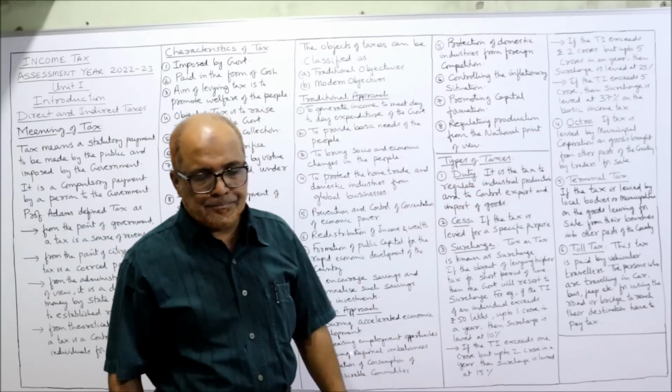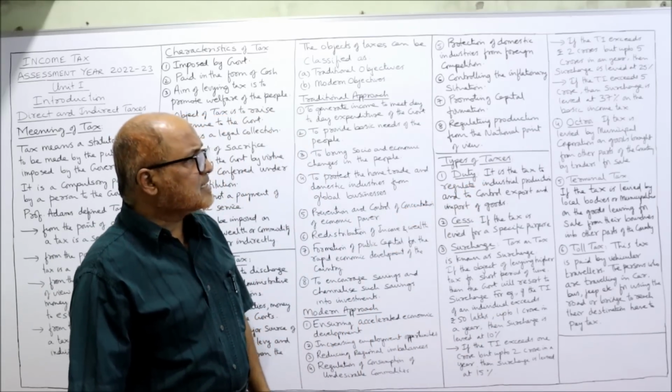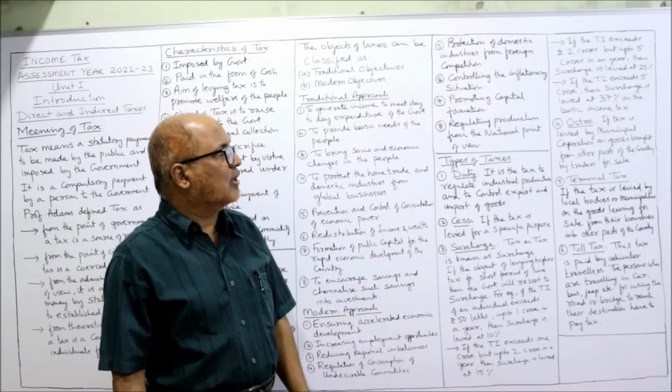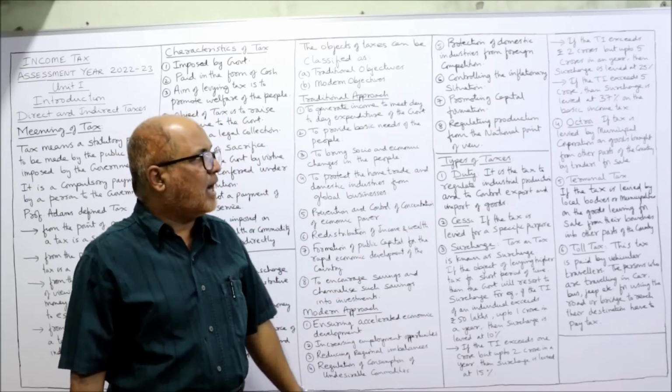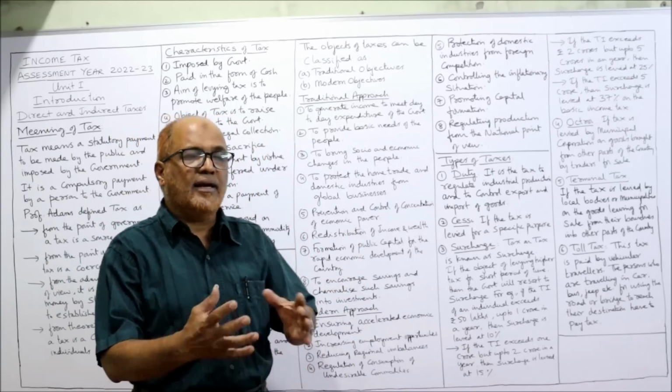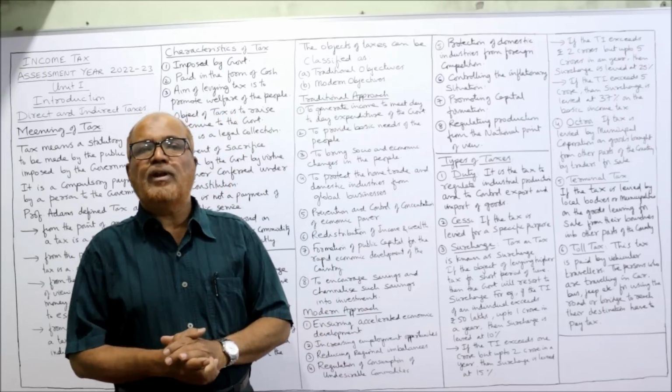Now, octroi. It is a tax levied by the municipal corporation on goods brought from other parts of the country by traders for sale. Normally what will happen?